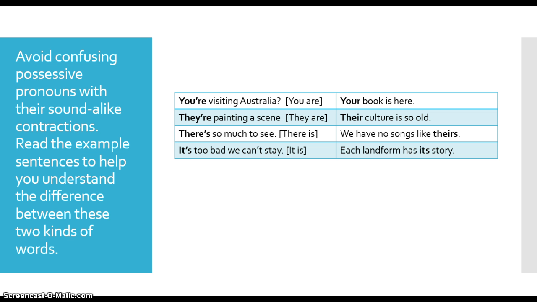Then we have one that's very common as far as people making mistakes with it. It's too bad we can't stay. When there's an apostrophe, it means it is. It's not the same word, even though it looks the same, as each landform has its story. ITS with no apostrophe is a possessive pronoun. That's probably the most common mistake that I see, and one that you really have to be on the watch for.